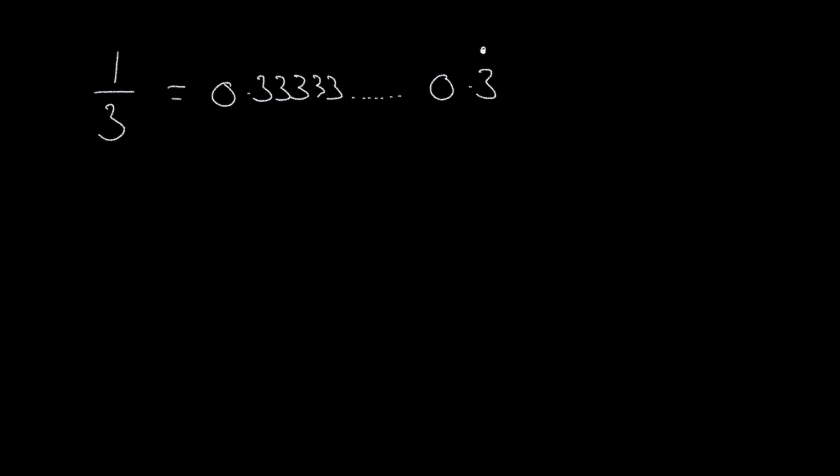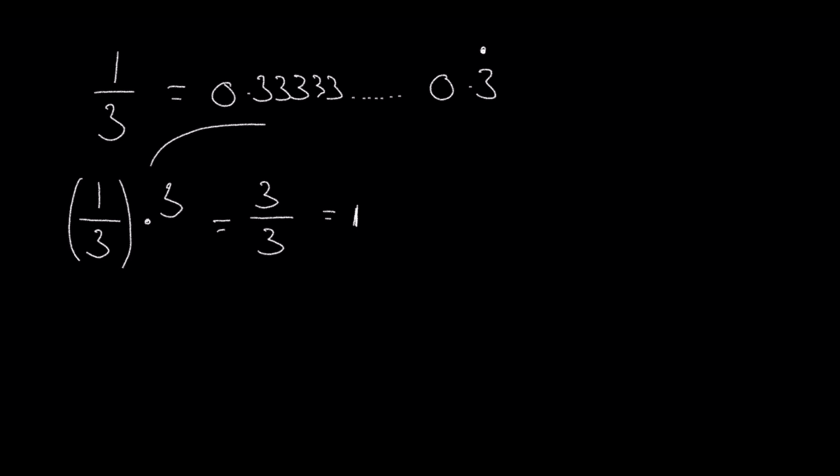Now, let's take the fraction 1 over 3 and multiply it by 3. Well, that's easy. That's just equal to 3 over 3, which equals 1. But let's replace this 1 over 3 here with the decimal equivalent.